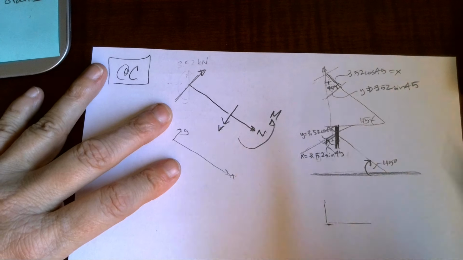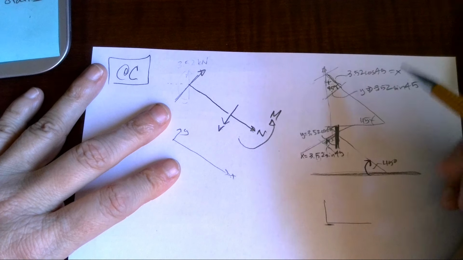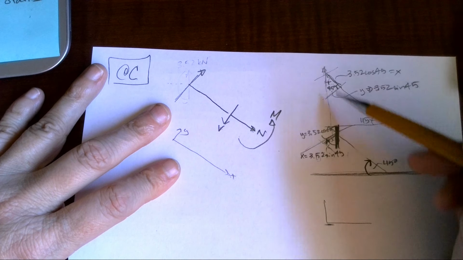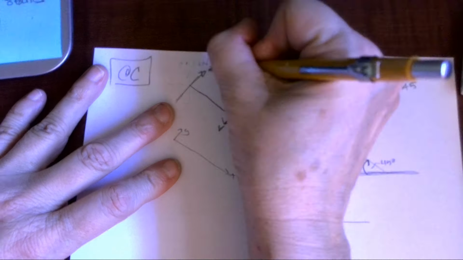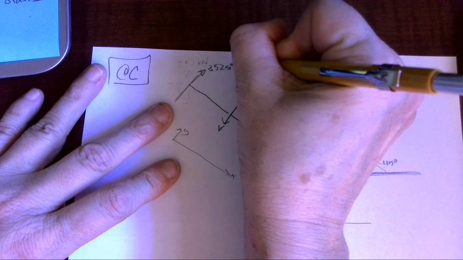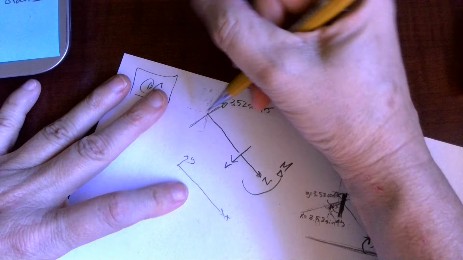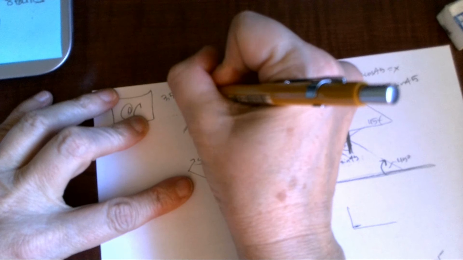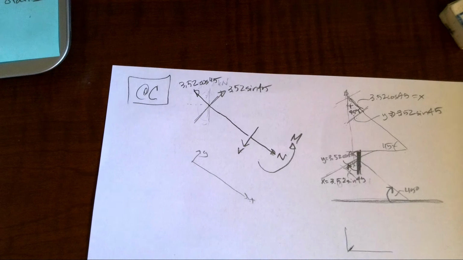It doesn't really matter which one I use, so we can just use this one. So I'm going to have 3.52 sine of 45. And if I'm going up, then I'm going in this direction, 3.52 cosine 45. Because again, I like this system to be as easy for me as possible.